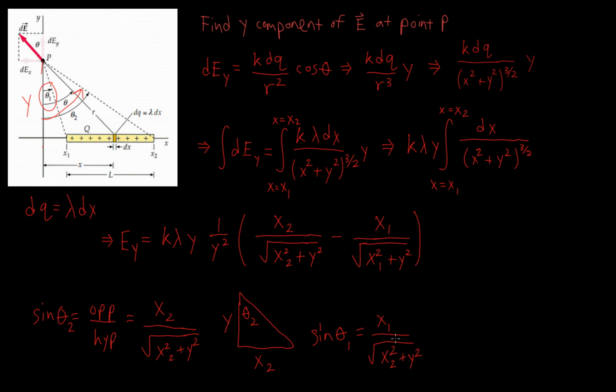And so note that we can substitute in these expressions for sine of theta 2 and sine of theta 1 into these expressions inside of the parentheses. If we substitute it in, because the opposite side and the hypotenuse side match what's inside of the parentheses here, we can just substitute in sine of theta 2 right here and sine of theta 1 right here.